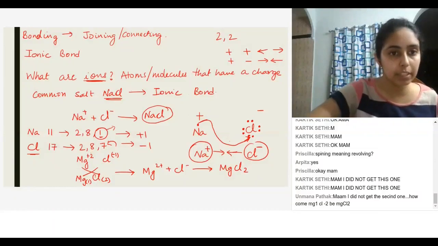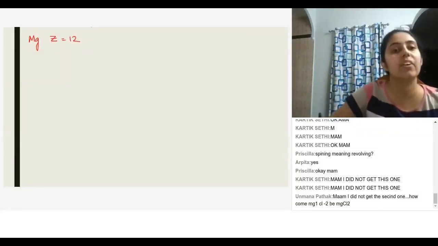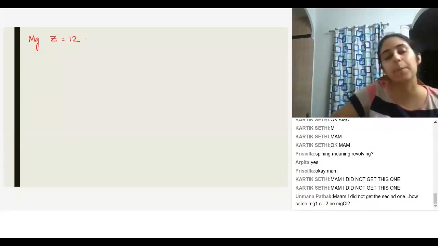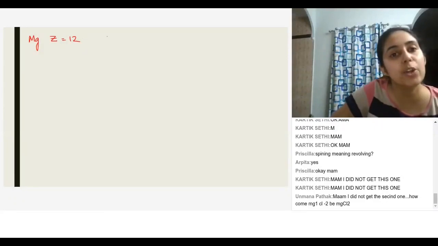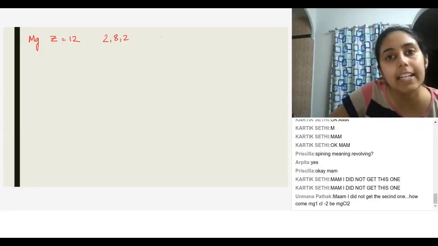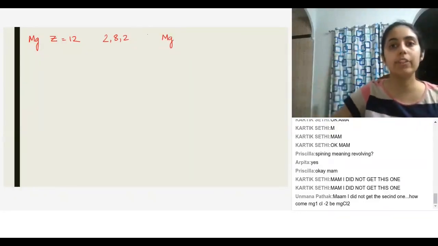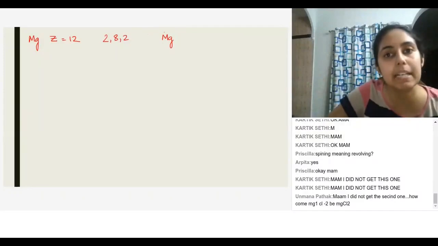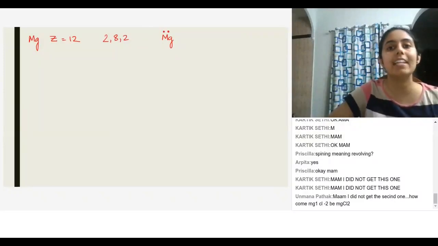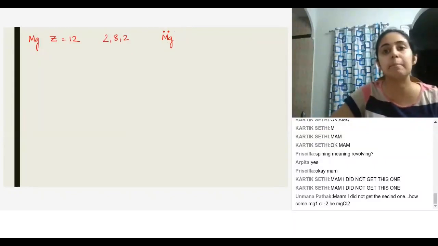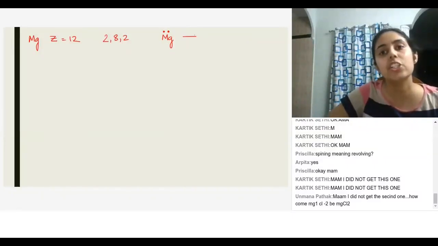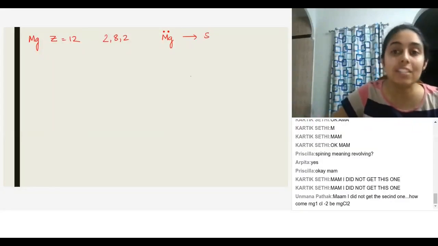So let me do that once more. Magnesium's atomic number is 12. Its electronic configuration is 2, 8, 2. If I write down magnesium using dots, one more thing I want to tell you is that whenever I represent something with dots, using its valence electrons around the symbol of the atom, such a structure is called the Lewis dot structure.